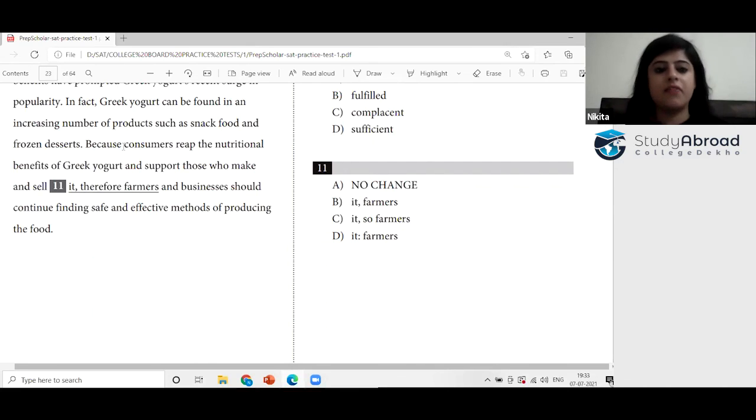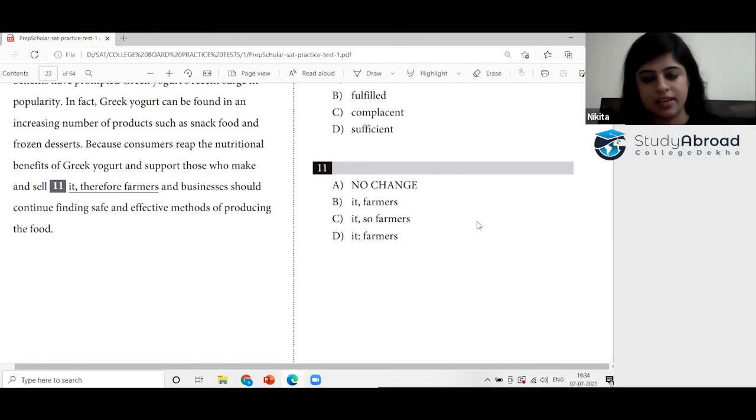The rule says whenever a sentence is starting with a transition word, after the comma you cannot use another transition word. So by this rule, I cannot use therefore, I cannot use so. B becomes our right answer. That is it, comma, farmers.